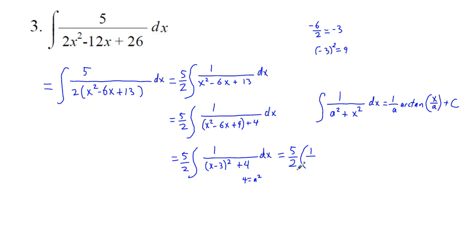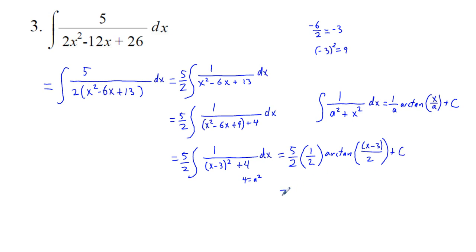Okay, so a is equal to 2. And then we have arctan. We have x over a, and in the place of x, we have this quantity x minus 3 over 2 plus our constant of integration c.